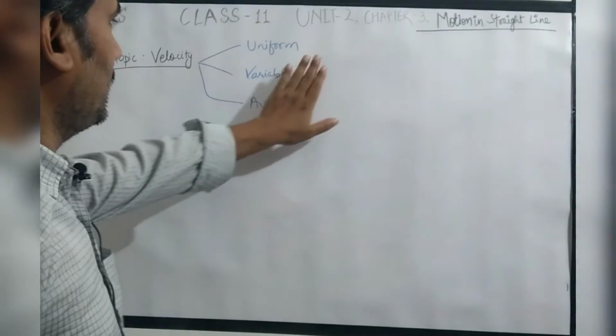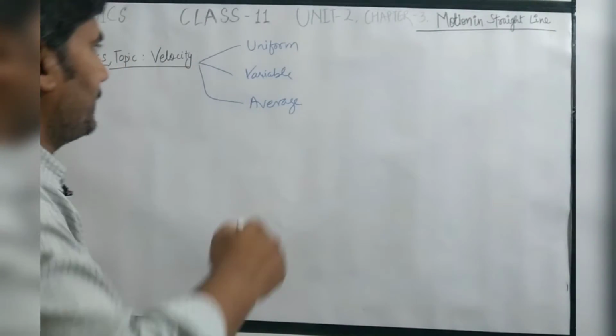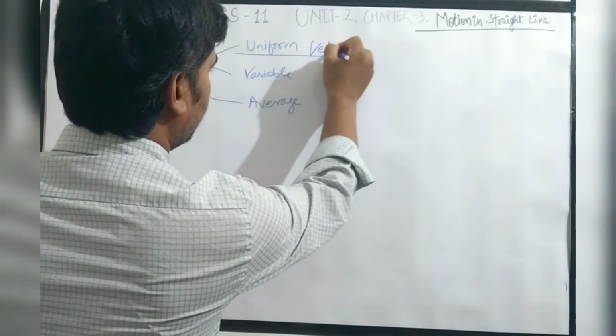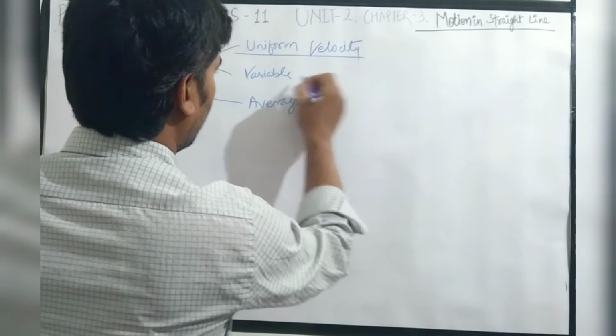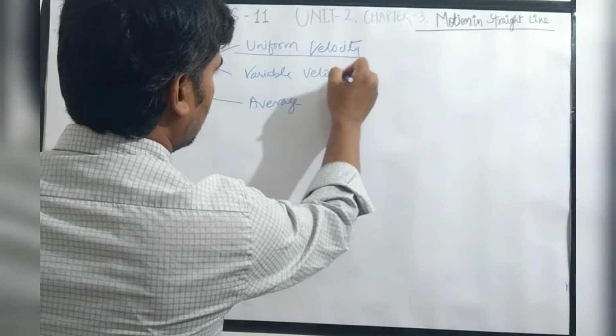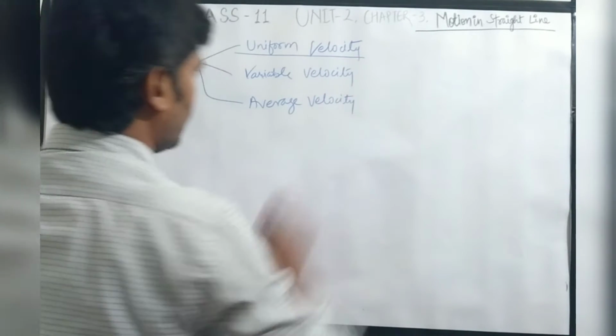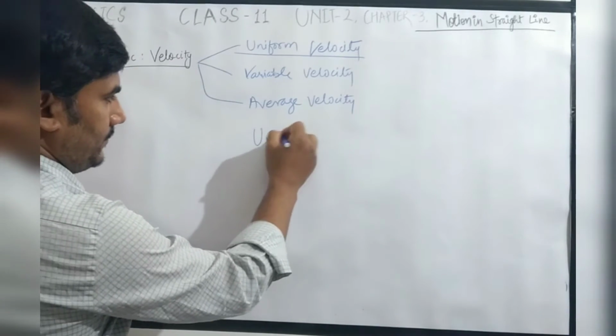Velocity is of three types: uniform velocity, variable velocity, and average velocity. What is uniform velocity?